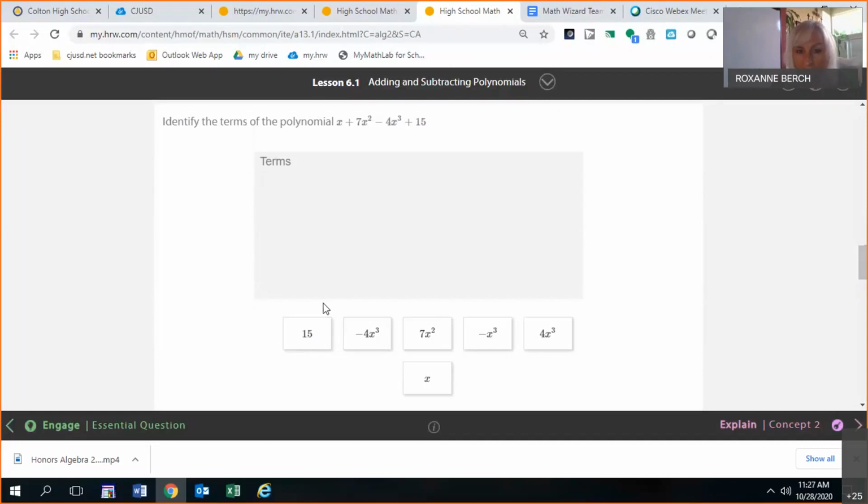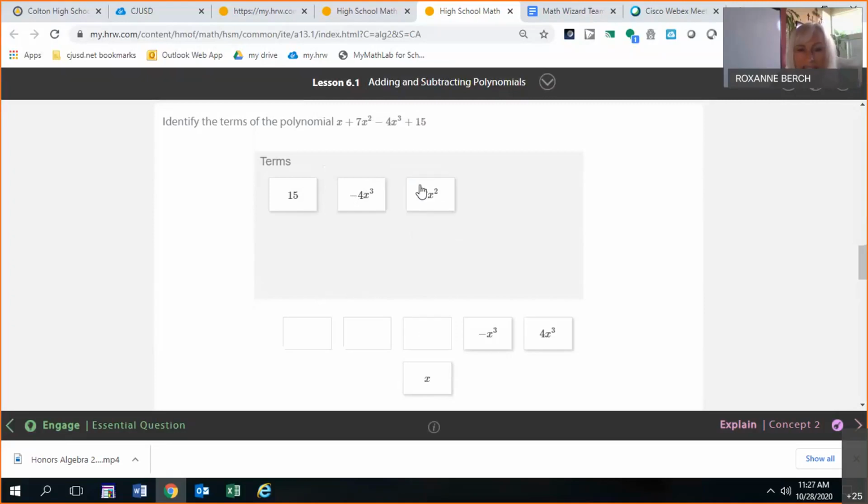Is negative x cubed a term of the polynomial? Let's see. Is 7x squared a term of the polynomial? Yeah. Okay.